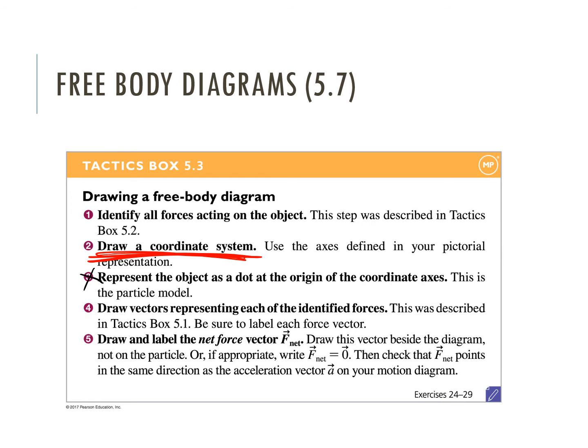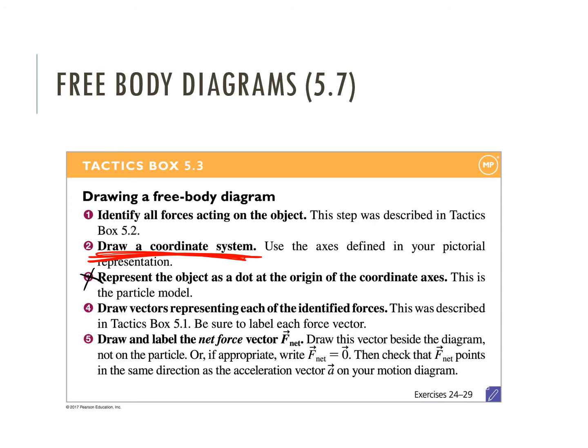The textbook, when it does its solutions for the examples in the text, is going to have the object at the origin and it's going to be a point. So I'm okay if you don't want to do 3 exactly as it is. I'll show you in the next slide, because we're going to do an example, what I like to do.